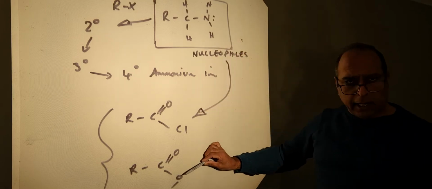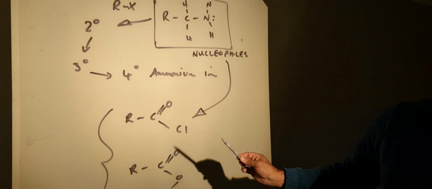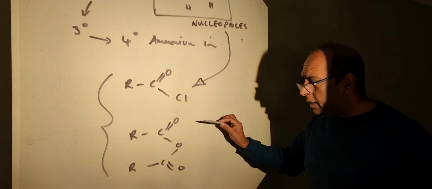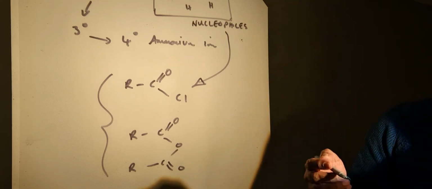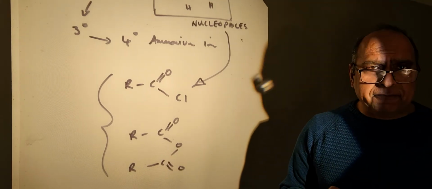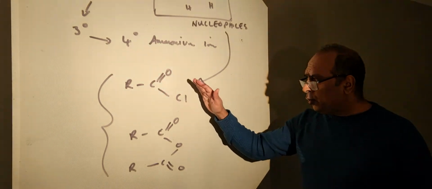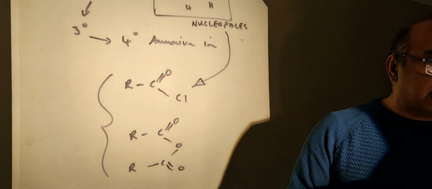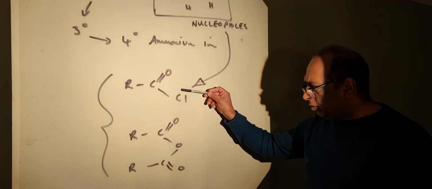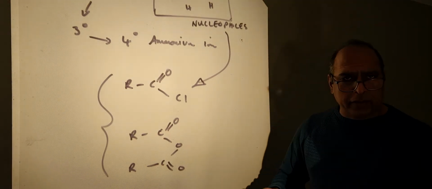Exactly the same reaction happens with acid anhydrides. Again, they would react to give an amide. These were reactions we did after carboxylic acids. We called the topic carboxylic acid derivatives, acyl chlorides and acid anhydrides.